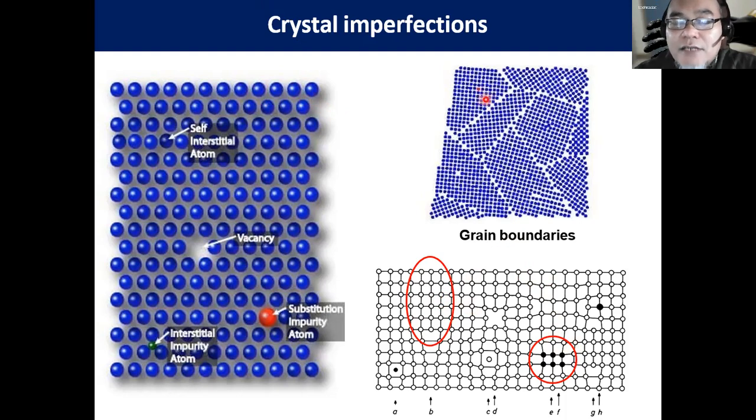Usually during the solidification, imperfection will occur, if it is an engineered material. If it is a natural material, of course, it depends on the situation where it occurs. Nature usually has random states, so many impurities and imperfections can happen.